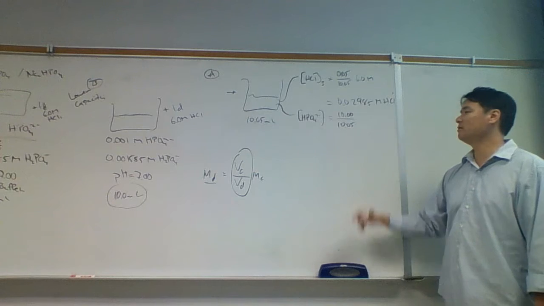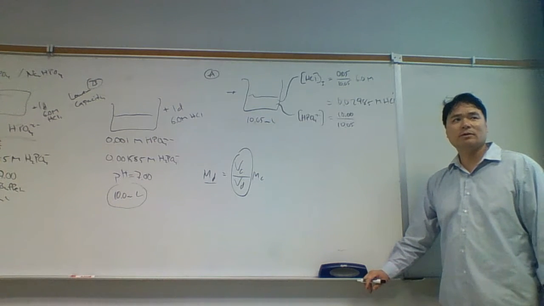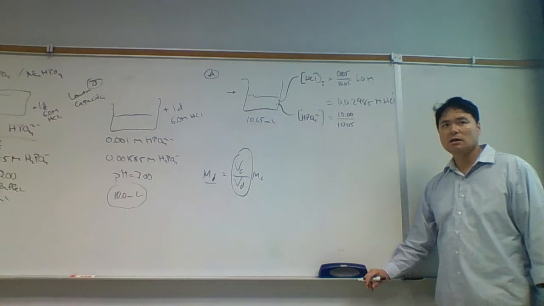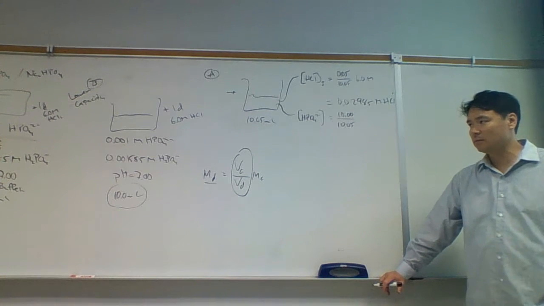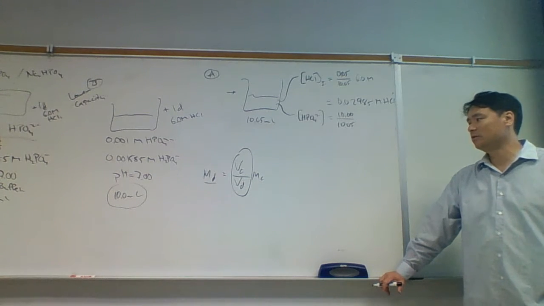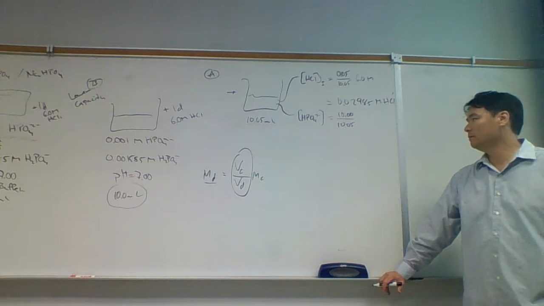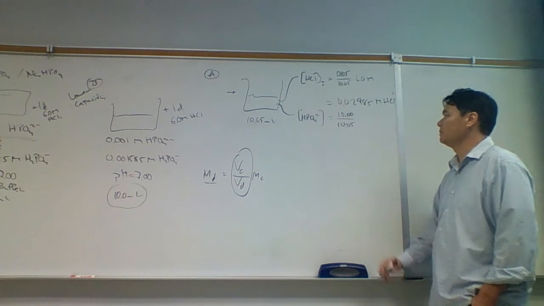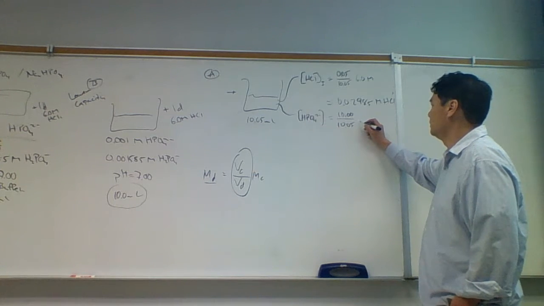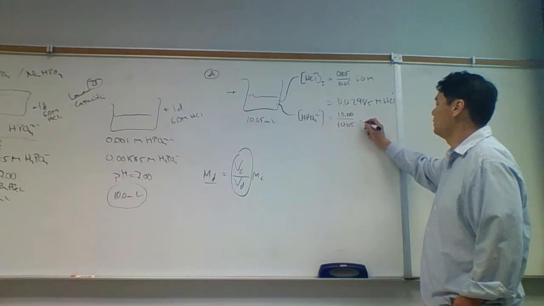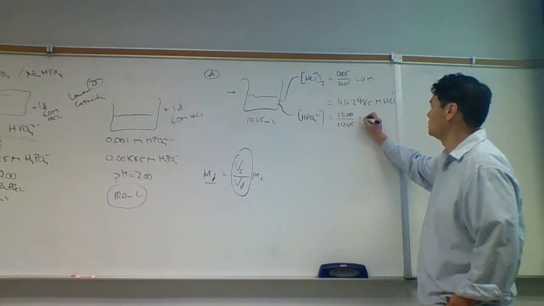A 10 to 10.05 dilution is negligible. You might say nothing's changed. But what we're doing in Chem 1B is looking for these changes, which can be big changes or very small changes. We don't want to do this Chem 1A style where we just say, oh, the change is negligible, so don't bother. So we're going to actually look at the change here.